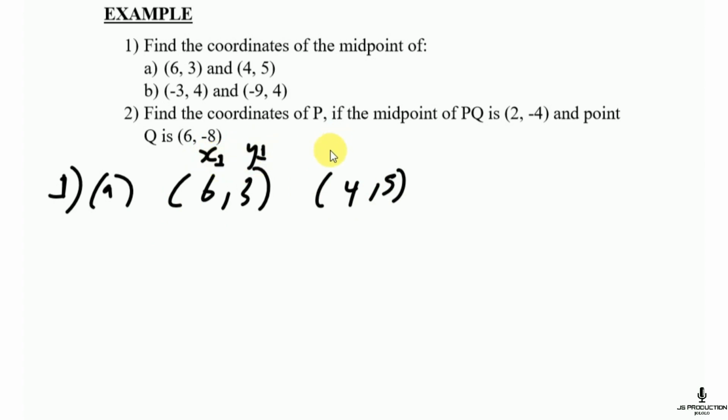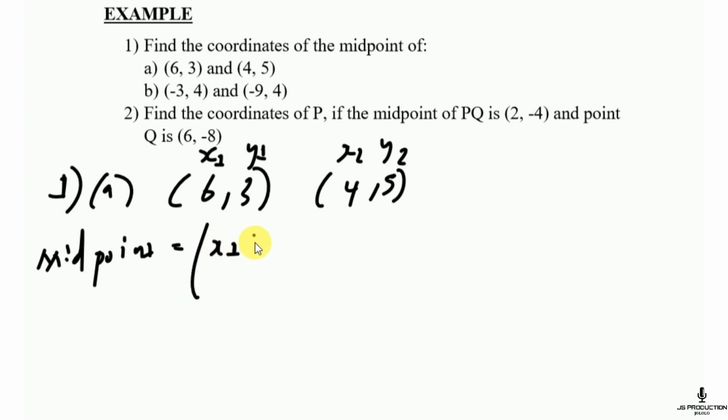The first thing that I'm going to do is write my x1 and my y1. I'm also supposed to indicate my x2 and my y2. After I've done that, I'm going to write down the formula. I know that the midpoint is equal to x1 plus x2 divided by 2, comma, y1 plus y2 divided by 2.